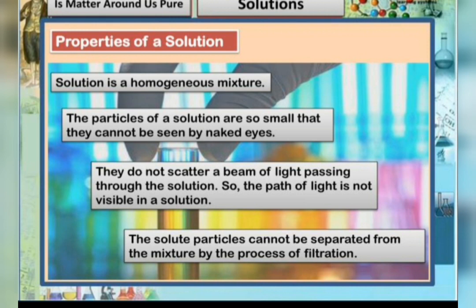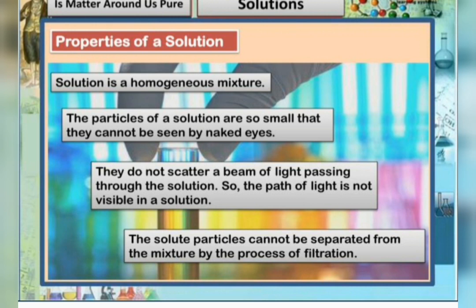We cannot see the particles by naked eye, and we cannot see them even with a microscope, because particles have a size of less than 1 nanometer. Another characteristic property is that the particles of a solution do not scatter light.